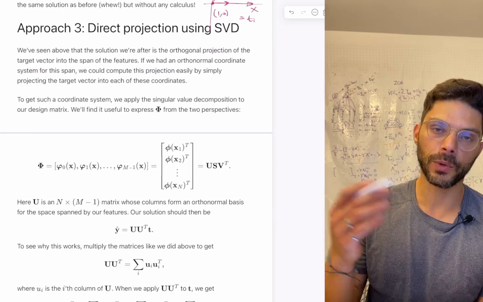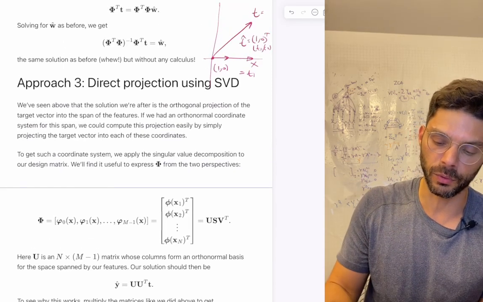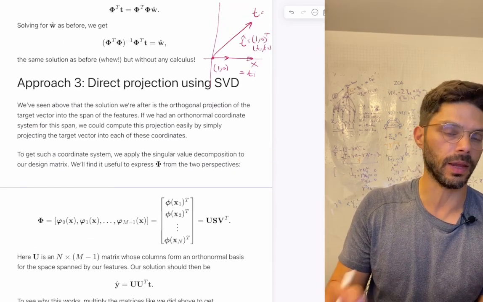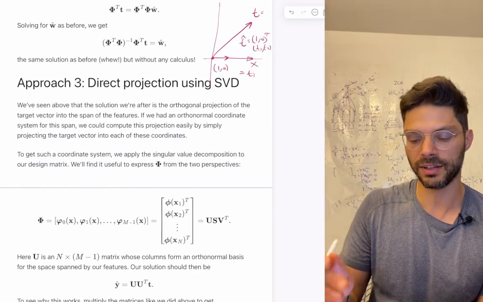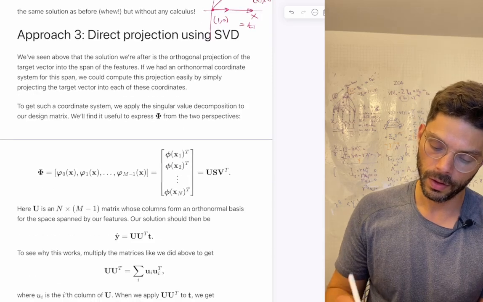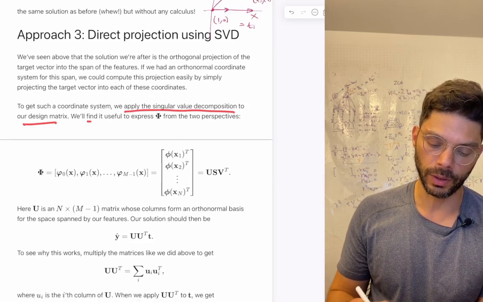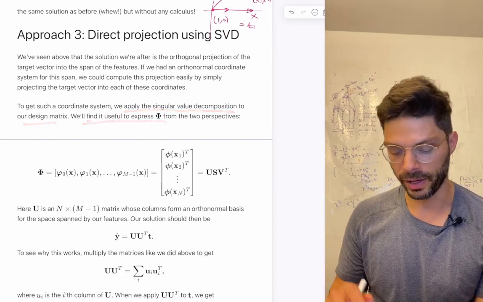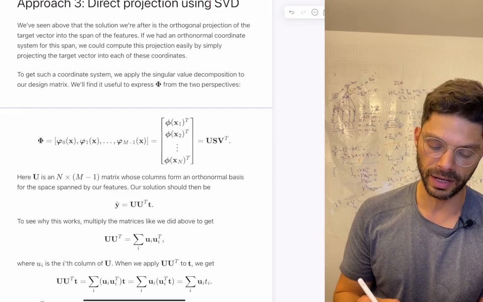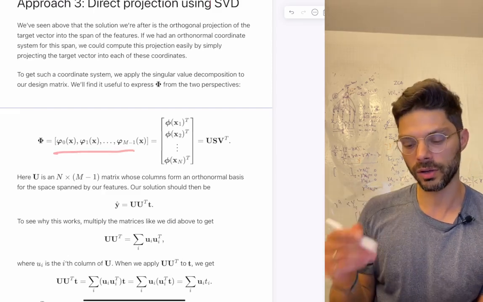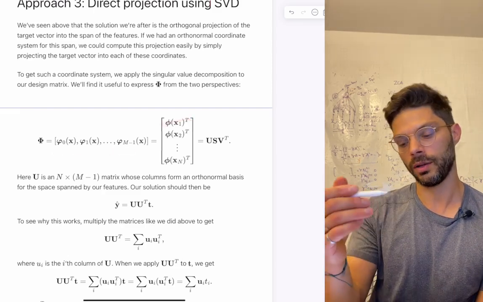So how are we going to get such a coordinate system? In this case, it just happened to be that the coordinates were along the x-axis, but how do you get them in general? We apply the singular value decomposition to our design matrix, and we'll find it useful to express phi from the two perspectives. So let's repeat that again. Phi is a bunch of rows of features, the features of the single data points.